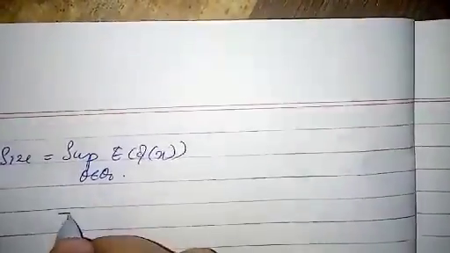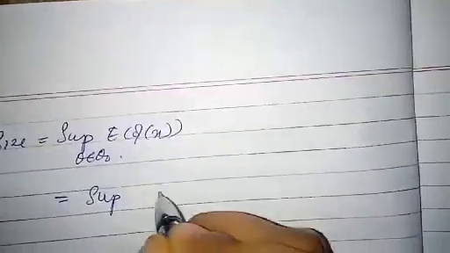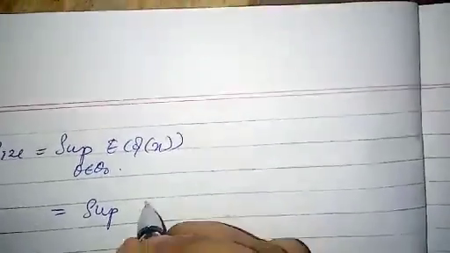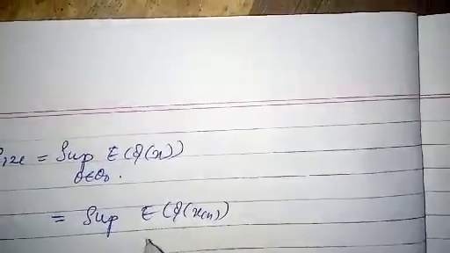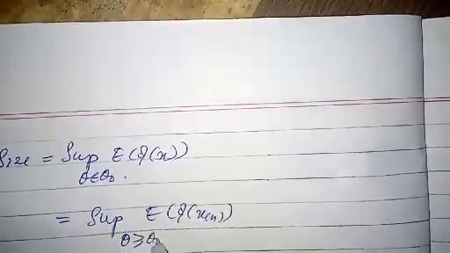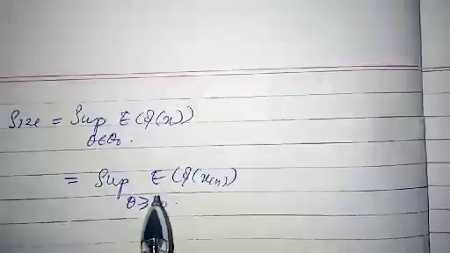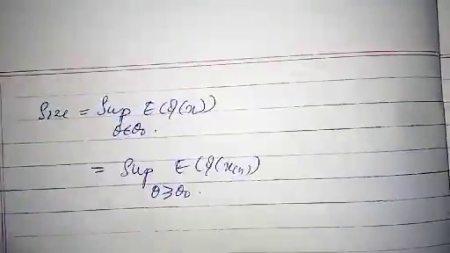But in this problem, psi is equal to the supremum of the expectation of phi of xn under theta less than or equal to theta naught, right? In this problem it is given that. Then we have to find the size of the test.